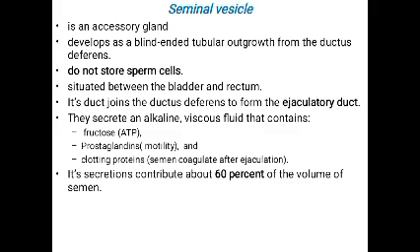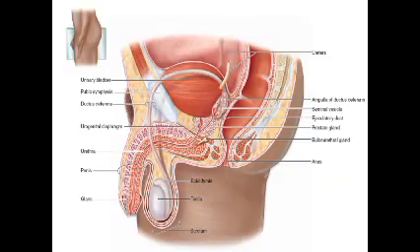They secrete an alkaline, viscous fluid that contains fructose, ATP, and prostaglandins, for motility and clotting proteins, so semen coagulates after ejaculation. Its secretions contribute about 60% of the volume of semen. The diagram looks like this.